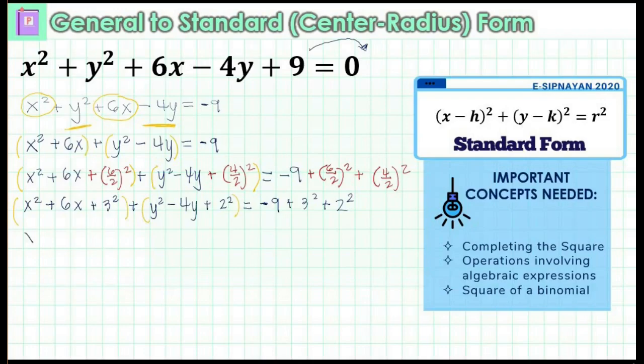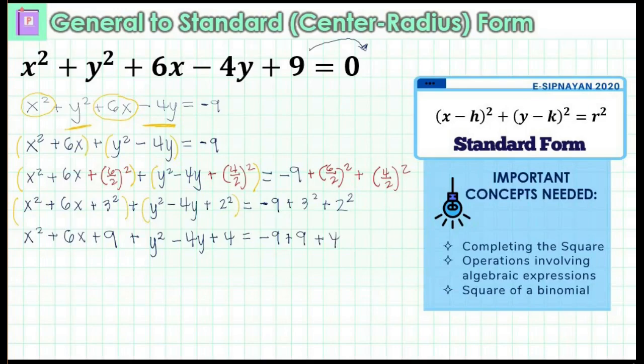Hence, the equation will now become x squared plus 6x plus 9, since 3 squared is 9, plus, copy the operation, y squared minus 4y plus 2 squared, which is 4. And then the right hand side of the equation will now be negative 9 plus 9, another 9, plus 4.